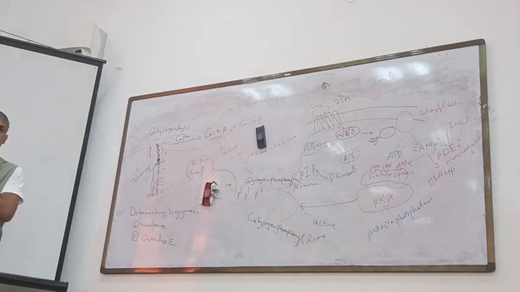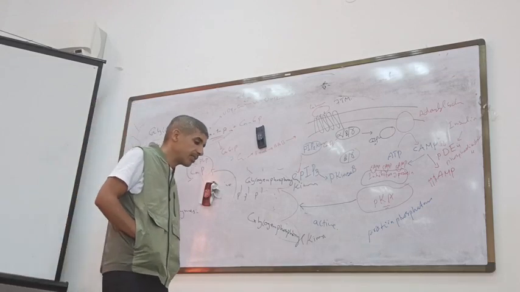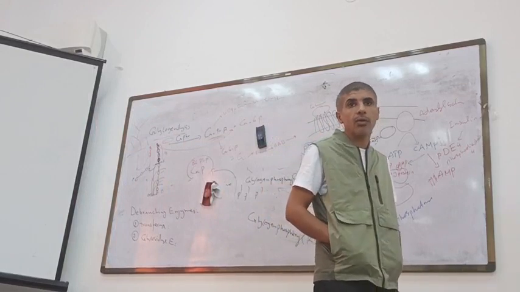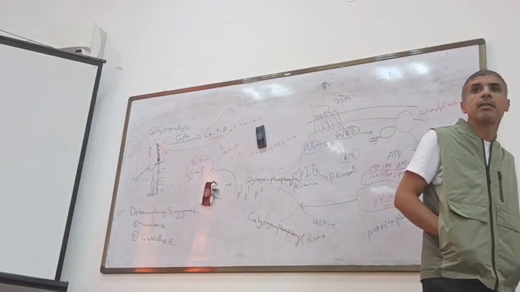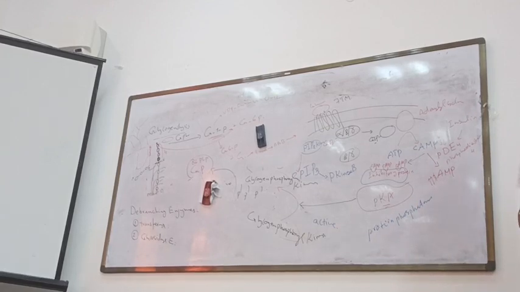glycogen phosphorylase. The glycogen phosphorylase in the skeletal muscle is inhibited more by allosteric regulation. When glucose 1-phosphate is elevated, there is more inhibition in the skeletal muscle.